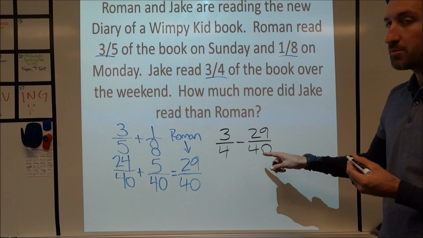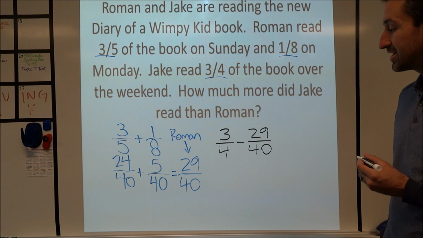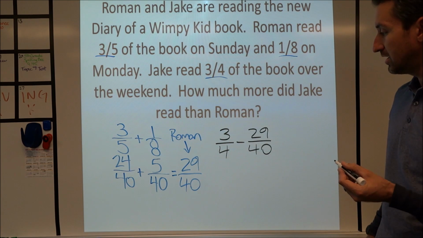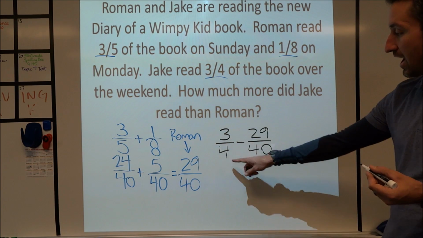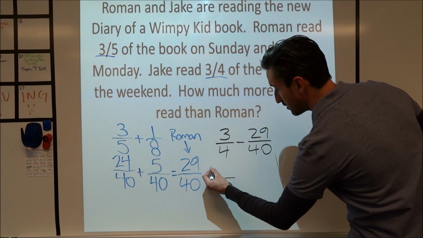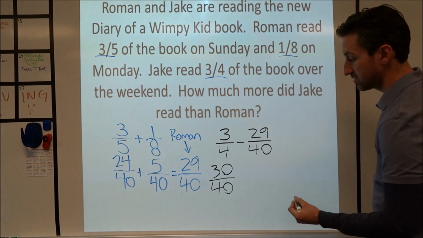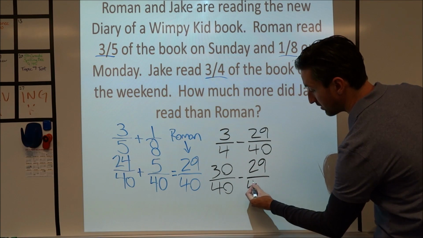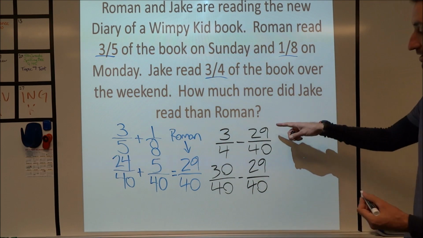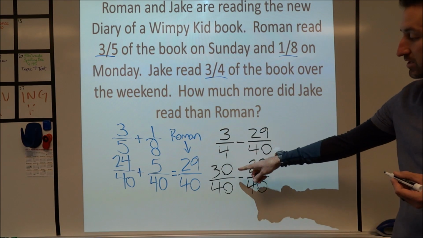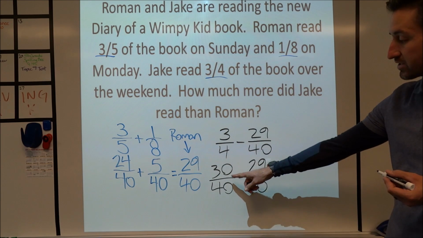I could multiply my denominators to find a common denominator. That always works, but sometimes that's not the best choice. In this case, I can change 3/4 to 30/40ths to give us a common denominator of 40. I can leave 29/40ths alone. I just multiply my numerator and my denominator by 10 to make an equivalent fraction.